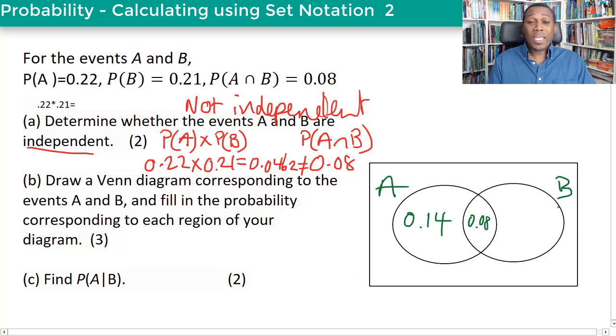And similarly for B, we want to get 0.21, so we'll have 0.13.